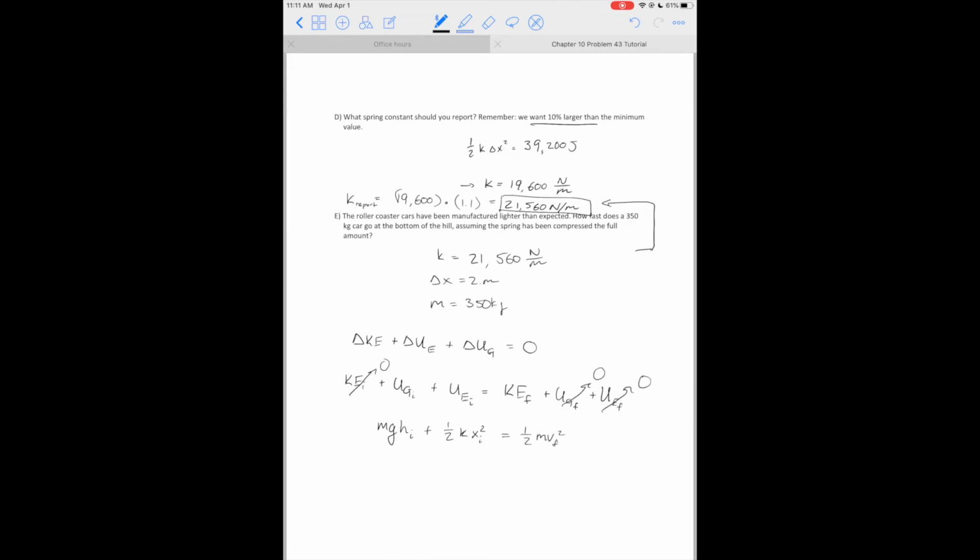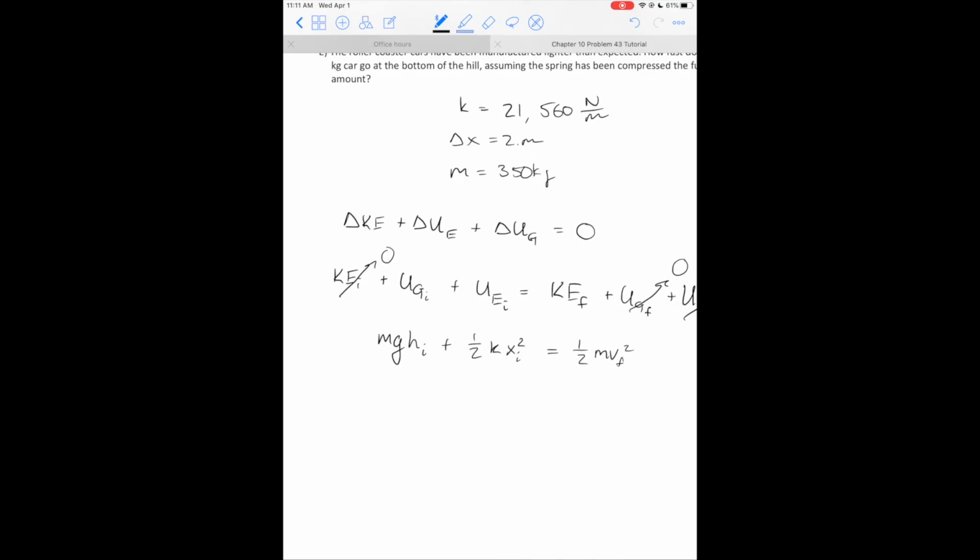And so, like I said, it almost doesn't even matter that I have that hill to begin with, right? I'm just looking at my initial and final points here. Unfortunately, mass is not present in each of these terms. So I have 350 kilograms times 9.8 meters per second squared times my height.